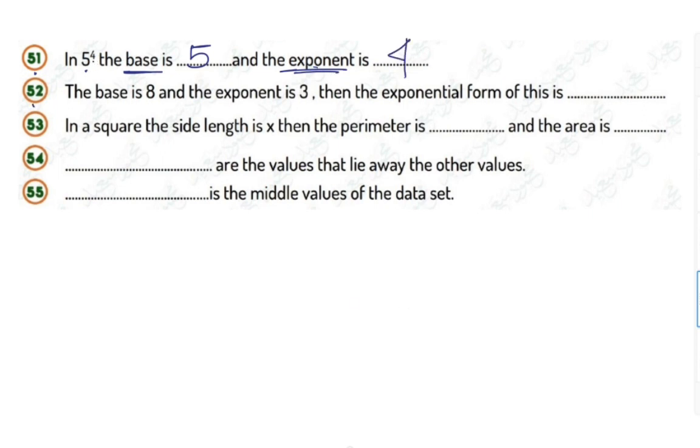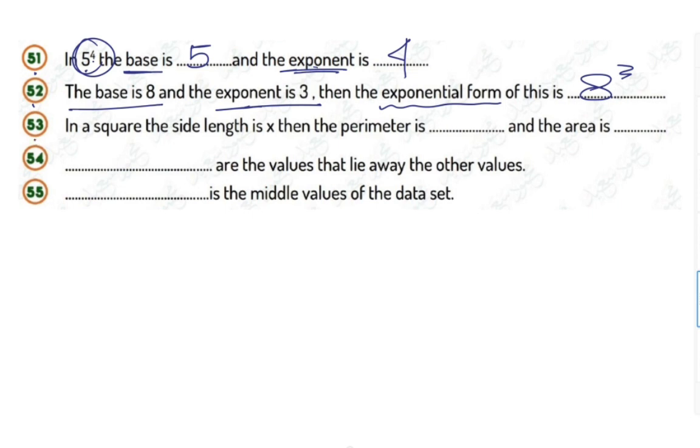Next point, the base is 8. Now he told us that the base is 8 and the exponent is 4. So the exponential form, yes, like this, we call this form the exponential form. So the base and the exponent are finished.